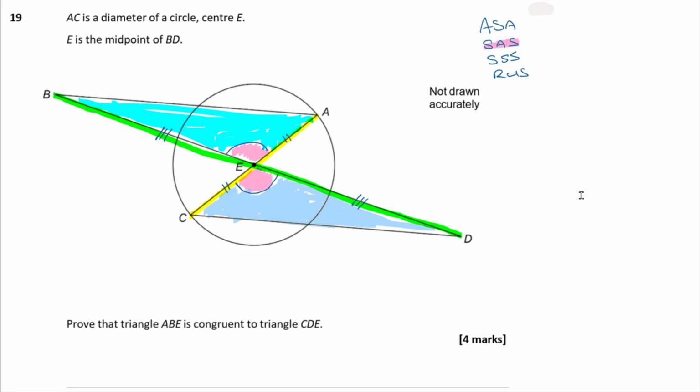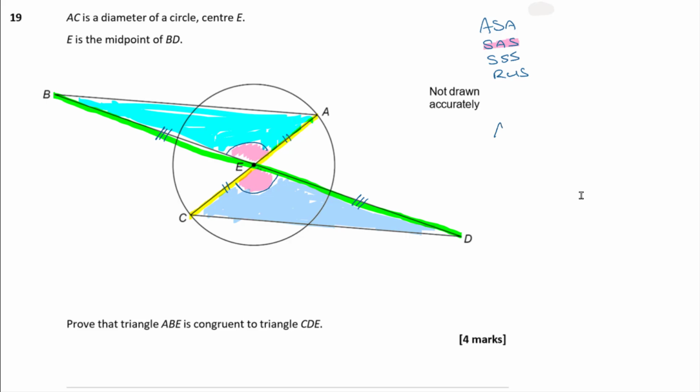Right, so we just need to write that down. We've got the proof already, it just needs to be written down. So what we're going to say, to show that these two triangles are congruent, we need to prove SAS. Okay, so we need to show that two sides and the included angle are equal on both those triangles. So let's take the yellow one first.